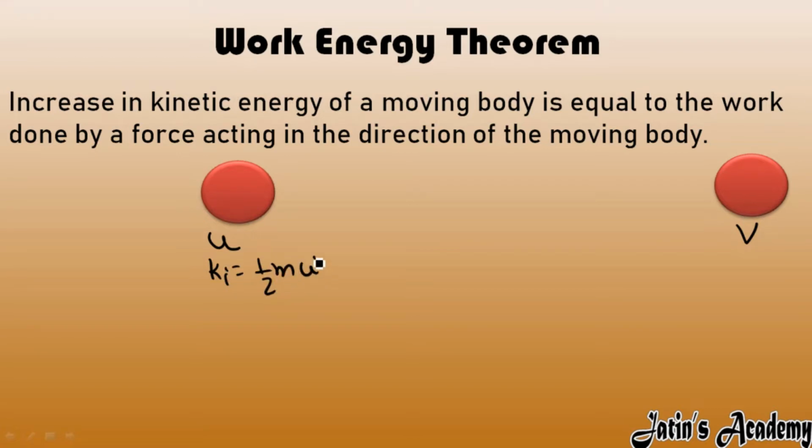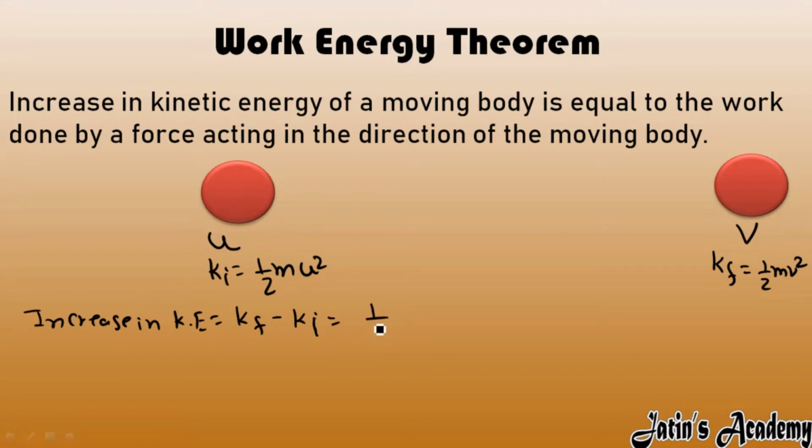By applying some force, its velocity increases, so the final kinetic energy is half mv square. So how much is the increase in kinetic energy? The increase in kinetic energy is the final kinetic energy minus the initial kinetic energy: half mv square minus half mu square.